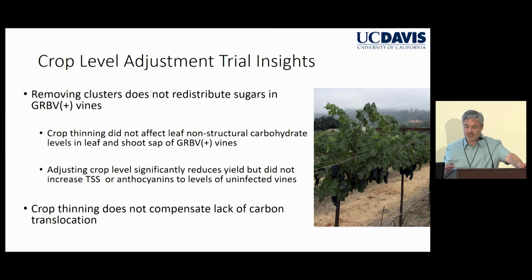And then at harvest, cluster thinning significantly reduced yield, but was not able to increase the Brix or the anthocyanins to the level that we've seen in uninfected vines. So with that, we can say that we can't recommend cluster thinning for red blotch because it cannot compensate for the lack of translocation imposed by the virus.